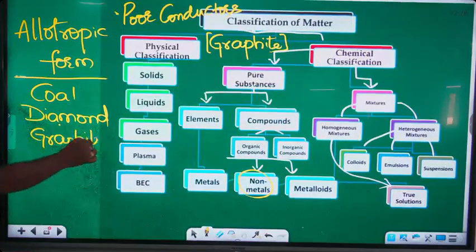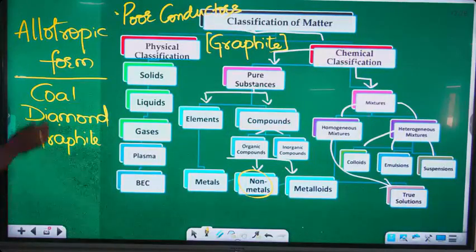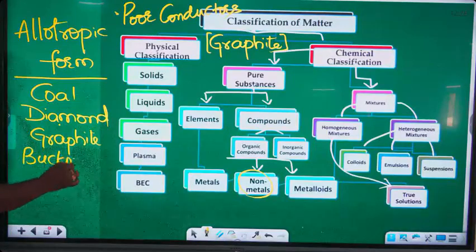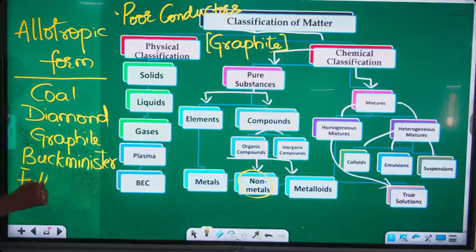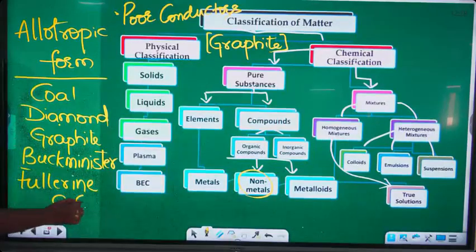Graphite, and the other one, Buckminster fullerene, also known as C60.